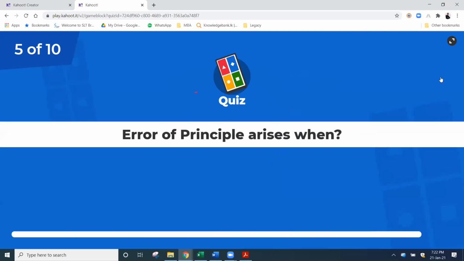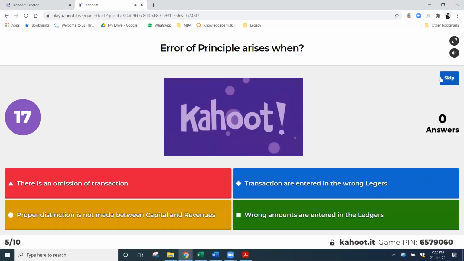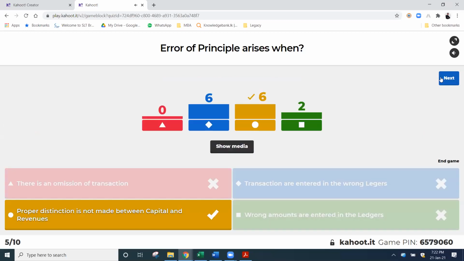Error of principle. Previous question also we had this. Error of principle means it's capital and revenue: an asset recorded as an expense or an expense recorded as an asset.